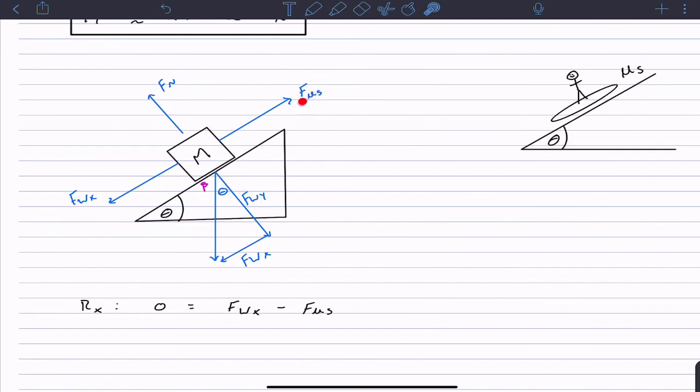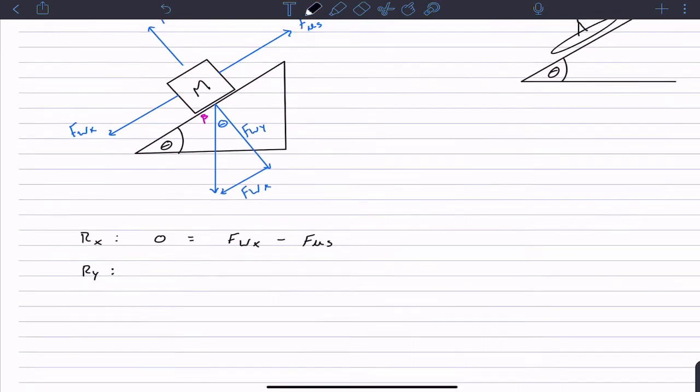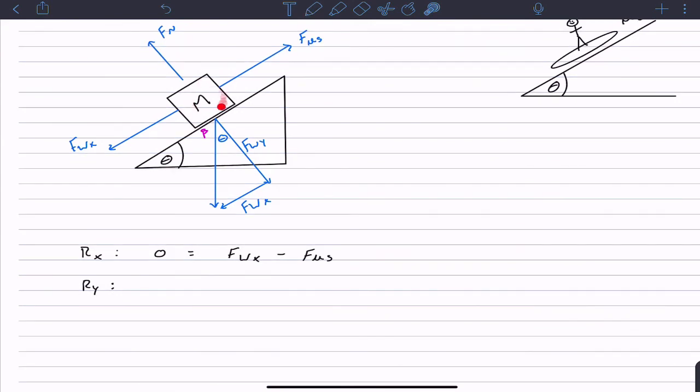We also know that the sled and rider combination is not jumping off of the hill or breaking through the ground. It's just sitting there. So that means that we have 0 in the y direction, and that's normal force minus the weight force in the y direction.